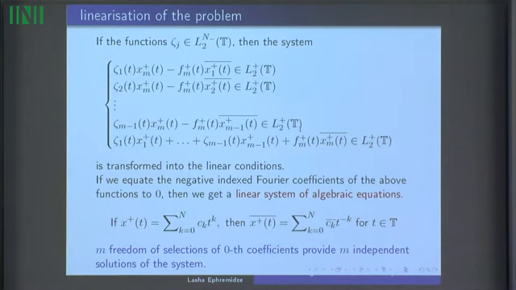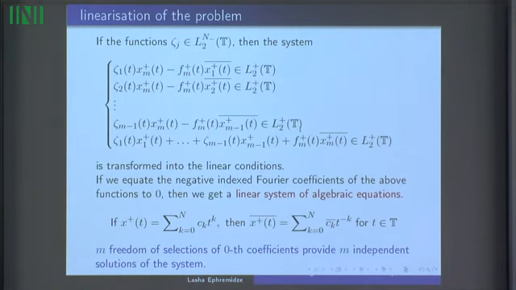solutions. So once again, for these functions, we have a finite number of negative coefficients, and the coefficients of this function f are also given, and we are searching for these unknown functions in terms of these polynomials.